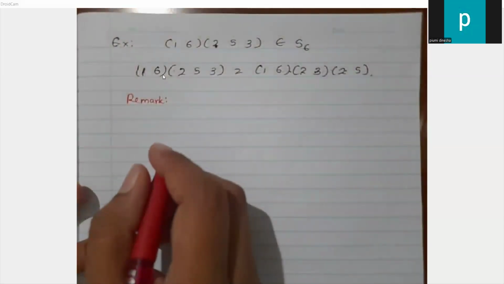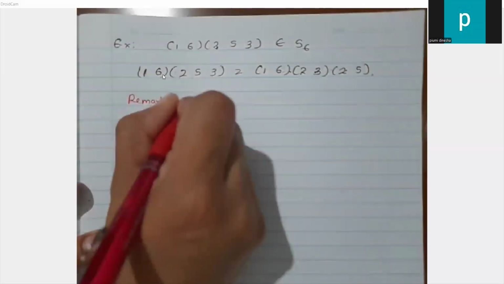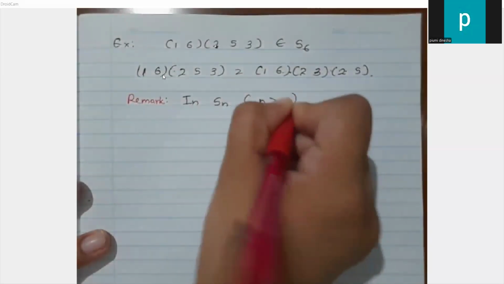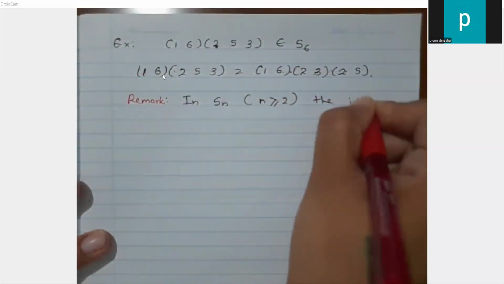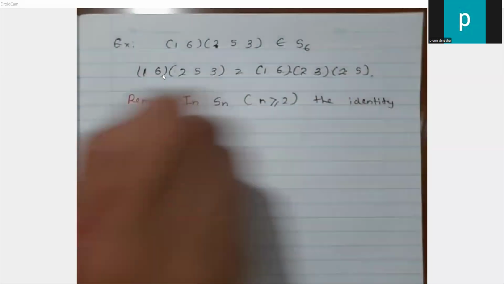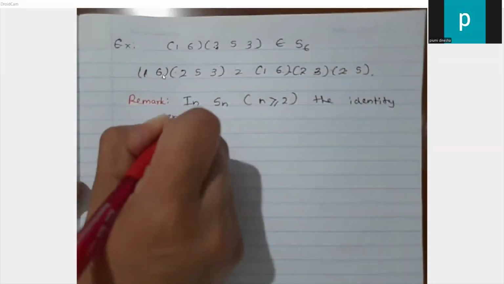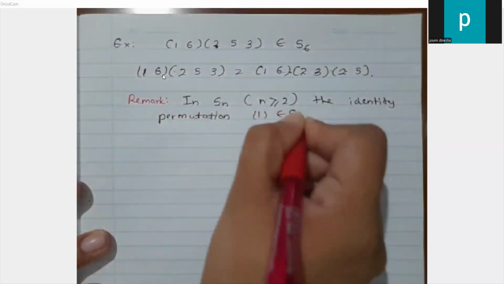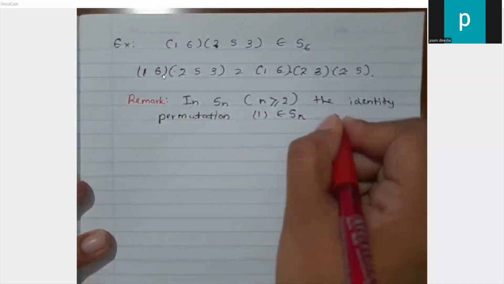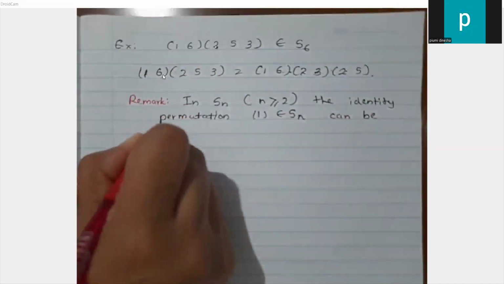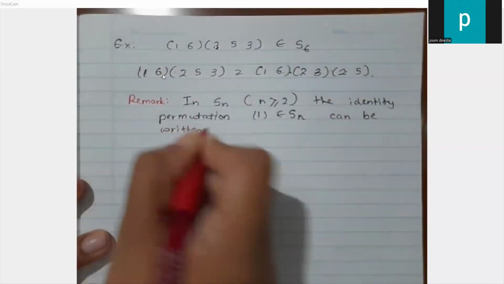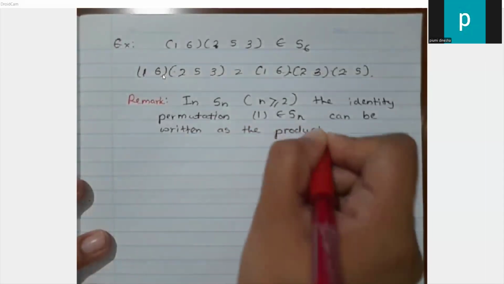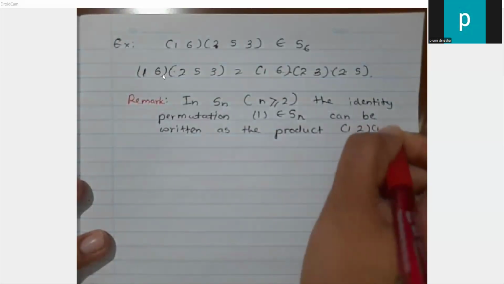So as a remark, I'll write first of all in Sn for n greater than or equal to 2. The identity permutation 1, usually denoted by 1 in Sn, can be written as the product (1 2)(1 2).